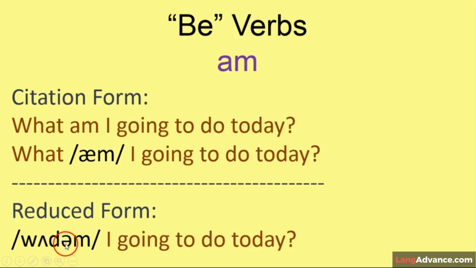Am is spelled like this, with the schwa and the letter m, to sound like not am, but um. And when that's combined with what, the letter T in what sounds like D, and we say whatum, whatum. What am I going to do today?